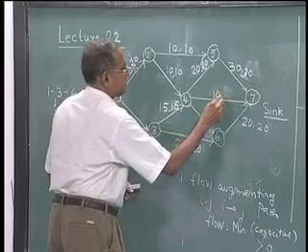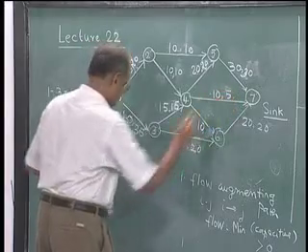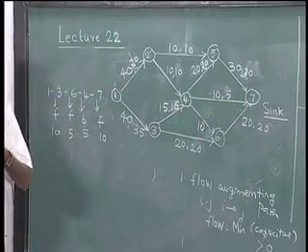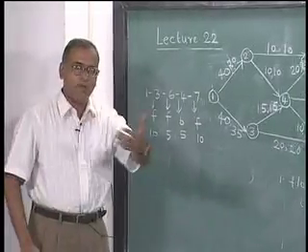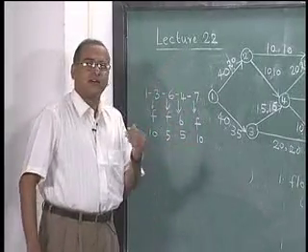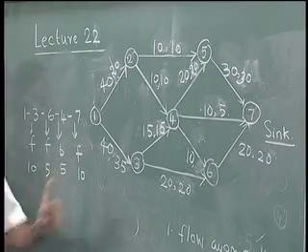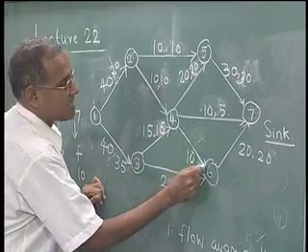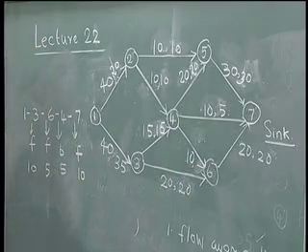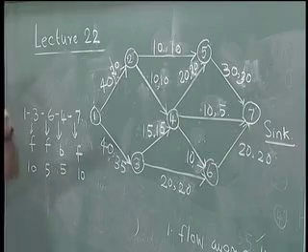Now 4 to 7 is a forward arc, so it gets increased by 5. So wherever there is a forward arc, there is an increase. Wherever there is a backward arc, there is a decrease. So it is absolutely necessary that when backward arcs are considered, there should be positive flow, and by diverting that positive flow, we will be able to increase the total flow in the network.